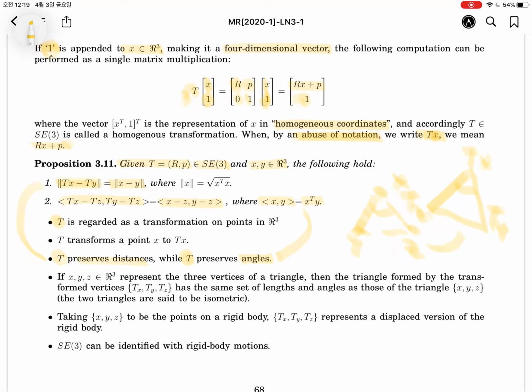Actually, this is a displaced version of the original triangle. So taking x, y, and z to be the points on the rigid body, the transformed tx, ty, tz represent the displaced version of the rigid body. So using this kind of concept, the SE3 can be used to describe the rigid body motion.